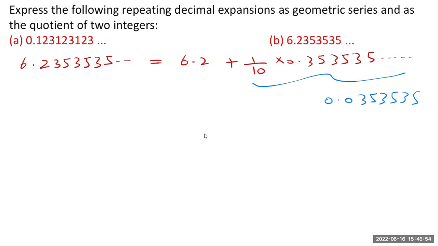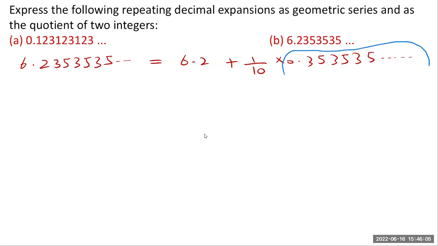Now, I'm going to deal with only this piece, this repeating decimal, 0.353535 dot dot dot. As you can see, in that repeating decimal, you have the decimal place right in front of the first repeating unit.